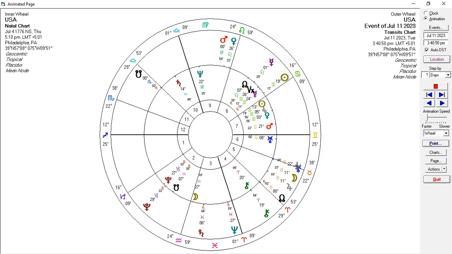And then we're almost coming into the third Uranus return. Okay, right now Uranus is at 22 degrees Taurus, and we know that it spends about 7 years in a sign, and it's several years in.